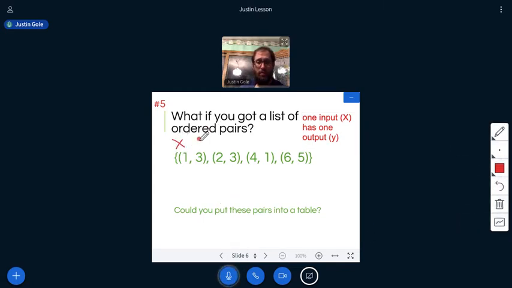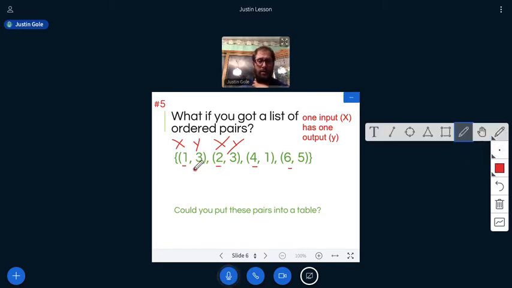So we might remember x y, right? This is an x, this is a y, and so on and so forth. So I'm going to do the same thing. I'm going to look at all of my x's. Really, I'm just looking for, do my inputs repeat? My inputs don't repeat.